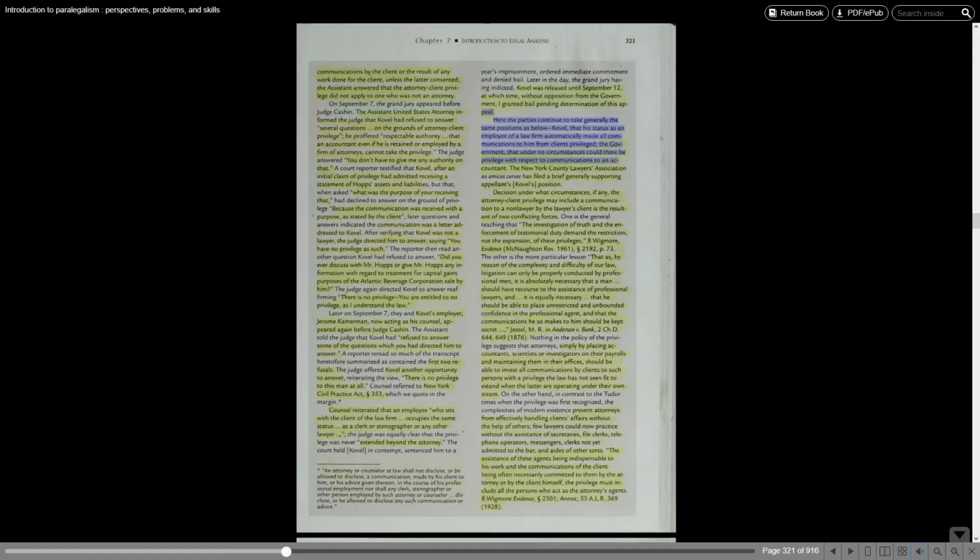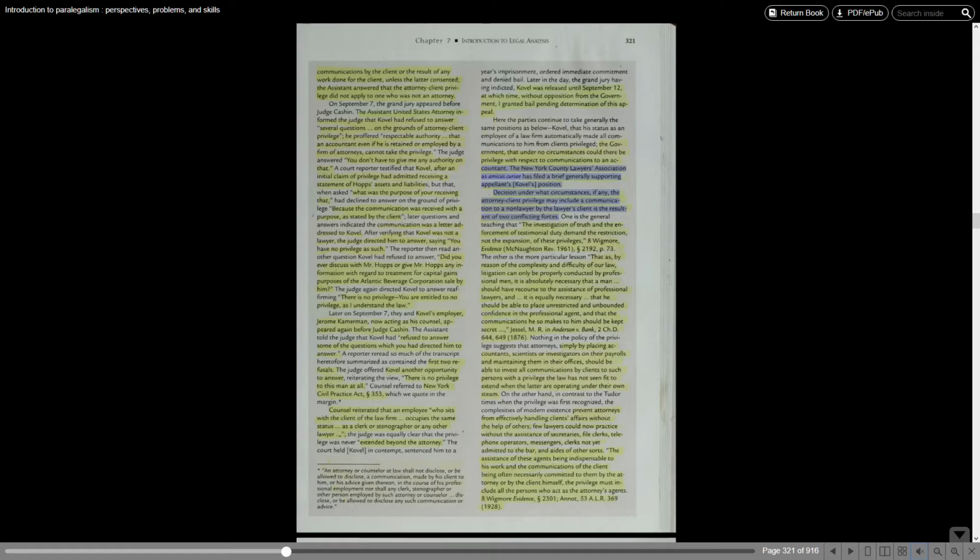The government, that under no circumstances could there be privilege with respect to communications to an accountant. The New York County Lawyers Association, as amicus curiae, has filed a brief generally supporting Koval's position.